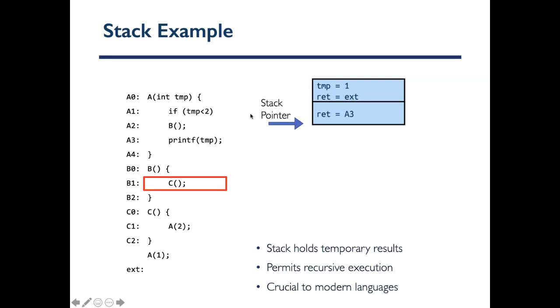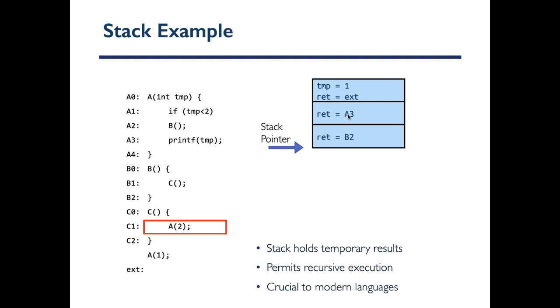The return address is the next line after B, which is A3. So we put the address of A3 on top of the stack. So the stack is growing. Now we go to B, we're calling C. Again, it has no argument. We're going to come back to B2. So we push the address of B2 on the stack.